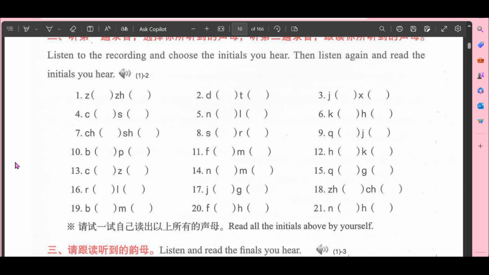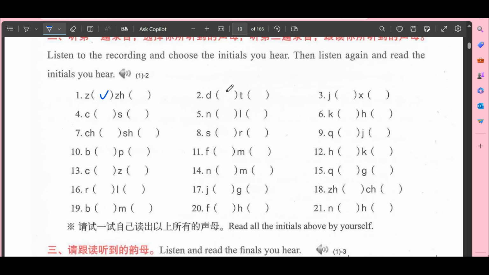Was it z or zh? The correct answer is z. Okay, let's go on to the second one.